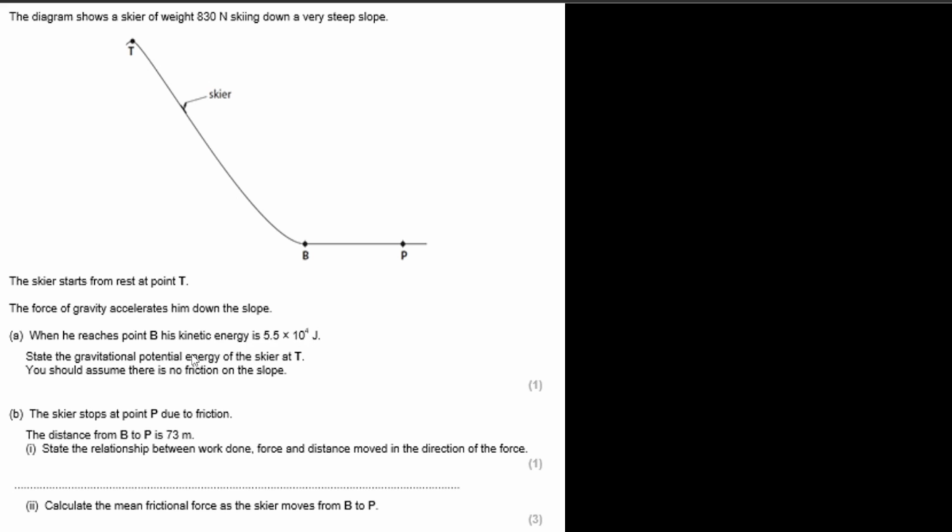State the gravitational potential energy at T. As I mentioned before, kinetic energy at the bottom is equal to your potential energy at the top. So your potential energy is simply 5.5 times 10 to the power 4 joules.